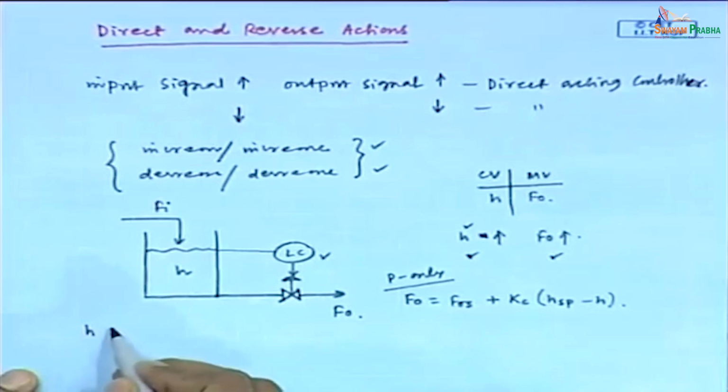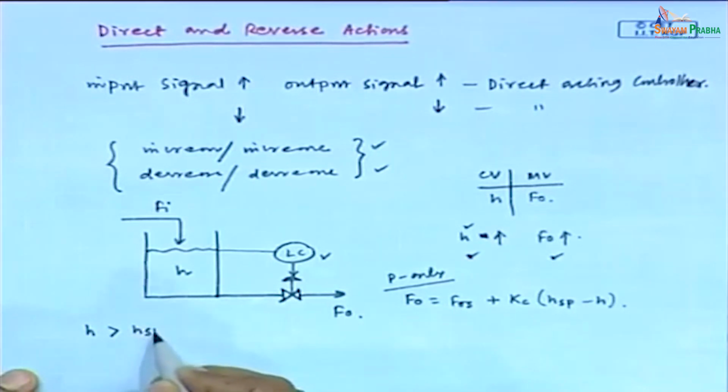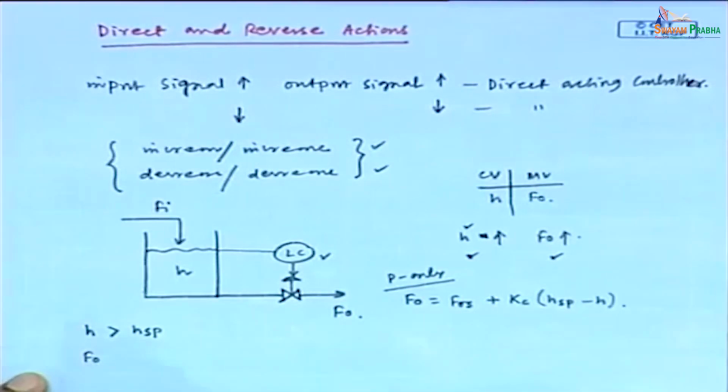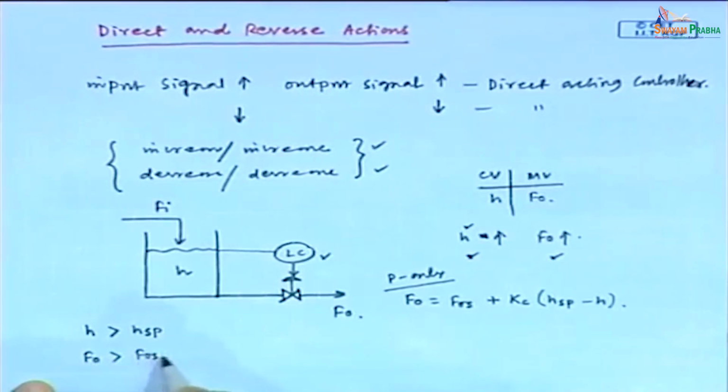Now, if height is greater than h set point, what will be F naught? It will be greater than F naught s or less than F naught s? It should be greater than F naught s. Agree?